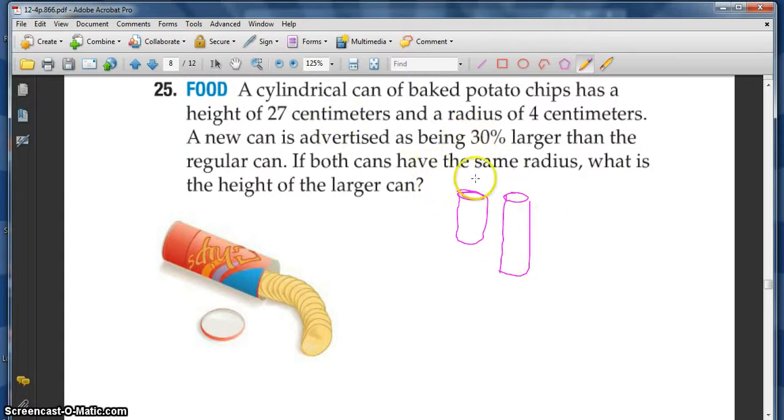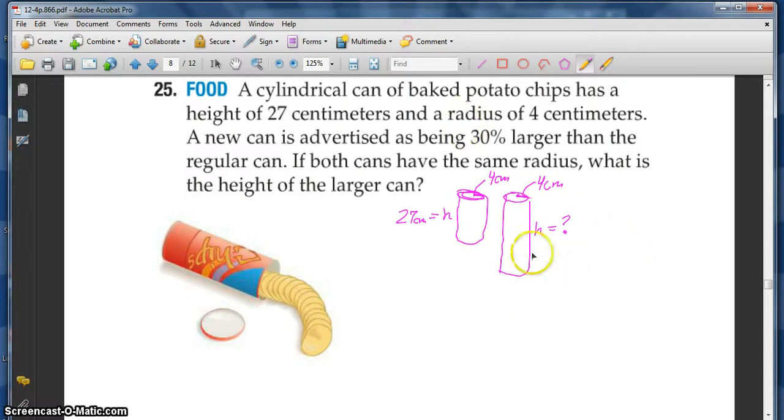So our radius is 4 centimeters here, as well as here, where this height is 27 centimeters, and this height is what we want to find.